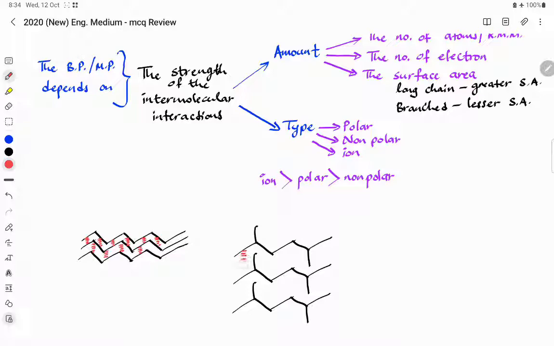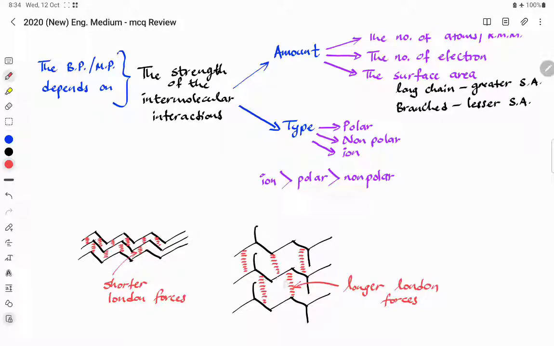So the number of London forces will be lesser and also the London force length is very long. If the length of an interaction is very long, it becomes weaker. Shorter London forces formed are stronger. These are longer London forces, and the number of London forces is lesser here.